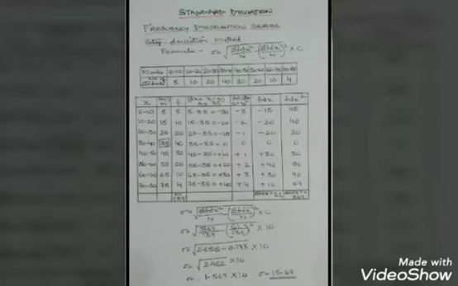Then you will multiply dx with the given frequency and total it to get sigma f dx. At the same time, children, very important, you need to square the dx and then multiply it with frequency to get f dx square. As we go along, I'll keep on telling you.